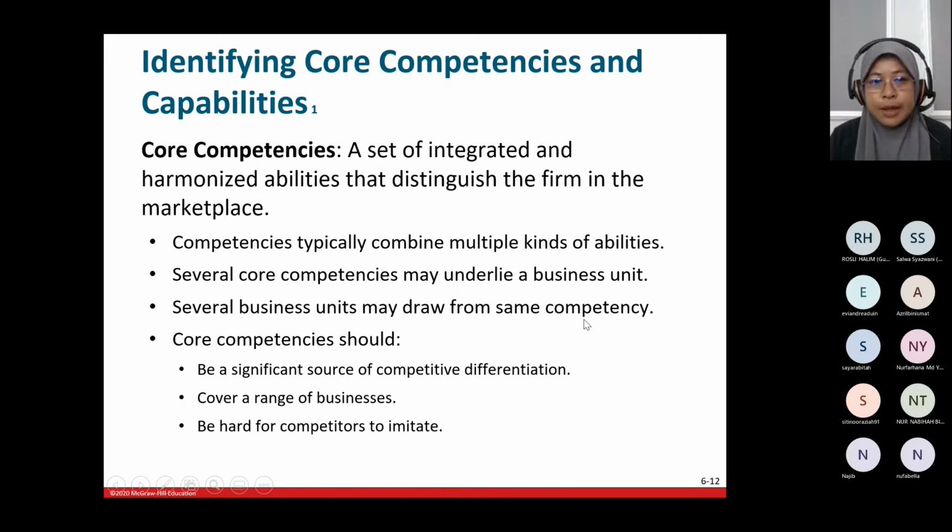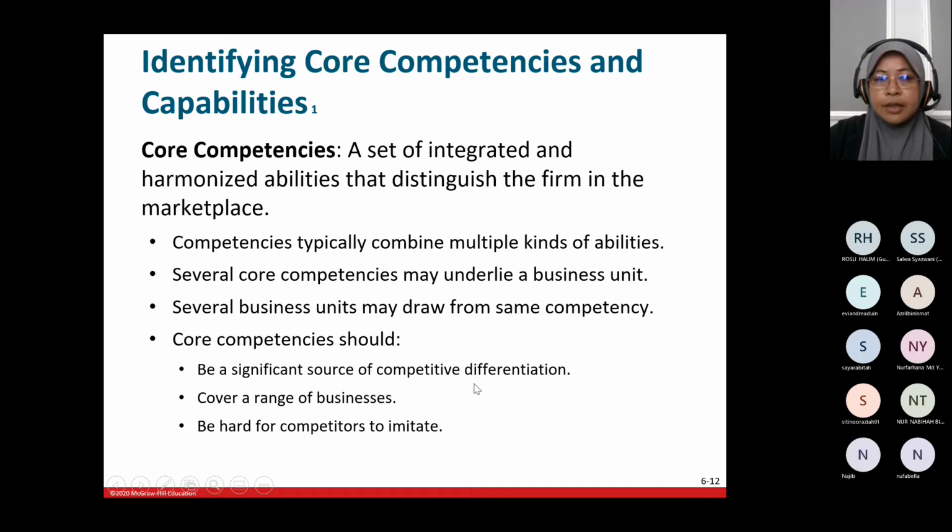A combination of several business units can also be referred to as a department, depending on the departmentalization of the company. Core competency should be a significant source of competitive differentiation, cover a range of businesses, and be hard for competitors to imitate. This is the component of core competency.